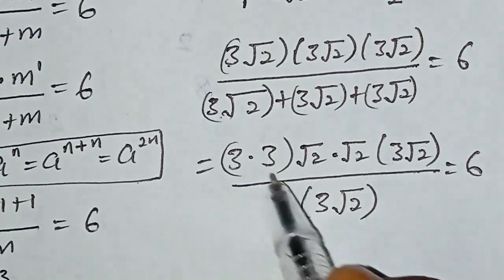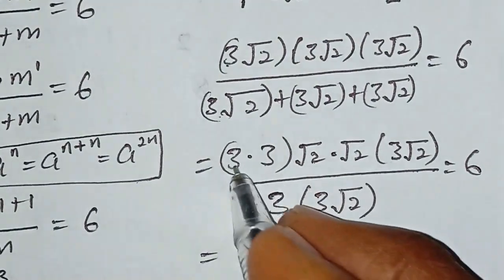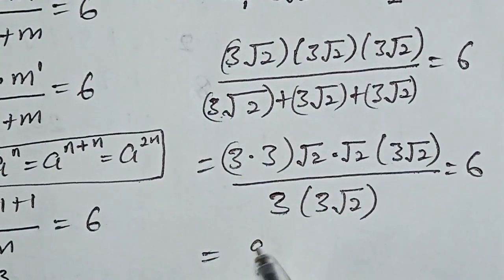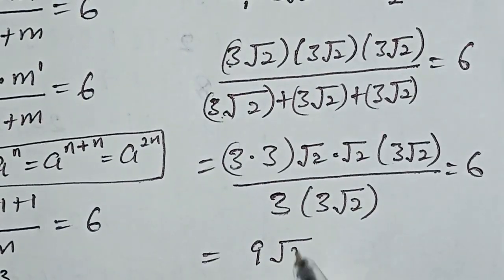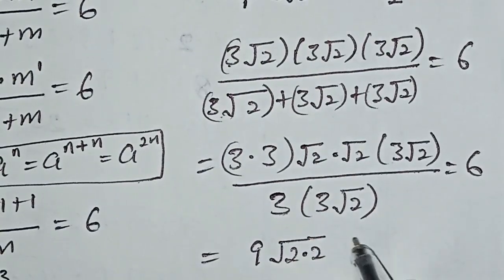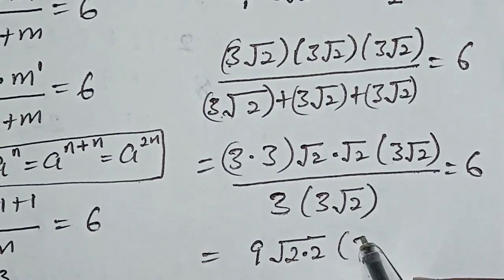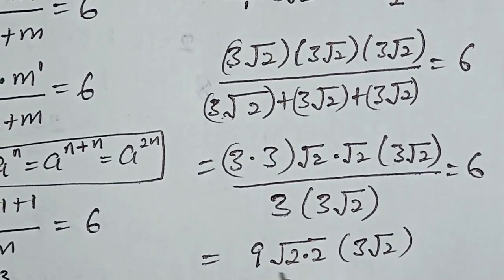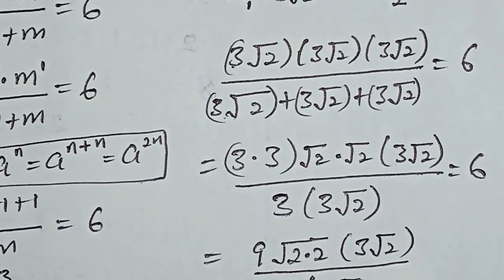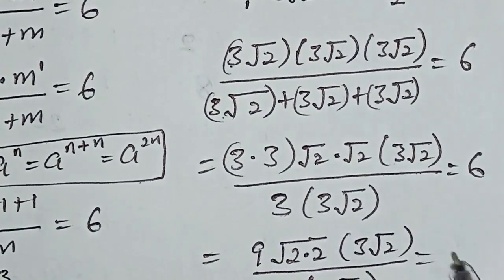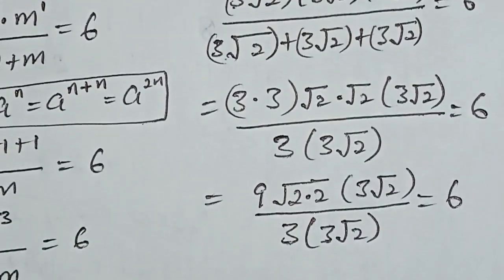So we can multiply this. We have 3 multiplied by 3, we have 9. Then square root 2 multiplied by square root 2, we have 2, then 3 square root 2 all over 3 into 3 square root 2 all equal to 6.